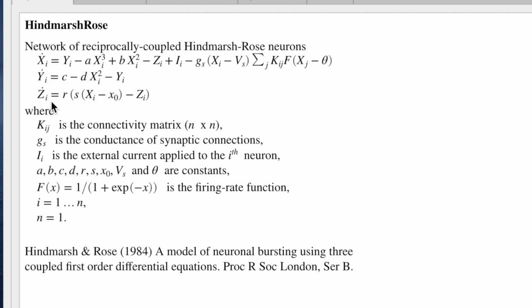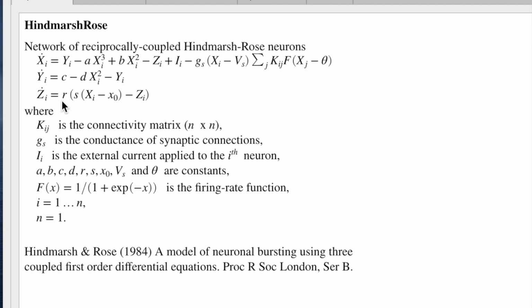And Z is a slow feedback adaptation process. In this case, the purpose of Z is to manipulate the bursting envelope of the Hindmarsh Rose neuron. I mean, after all, the Hindmarsh Rose neuron is a model of neuronal burst spiking. So that bursting is controlled by Z, and the return to rest is controlled by Y.